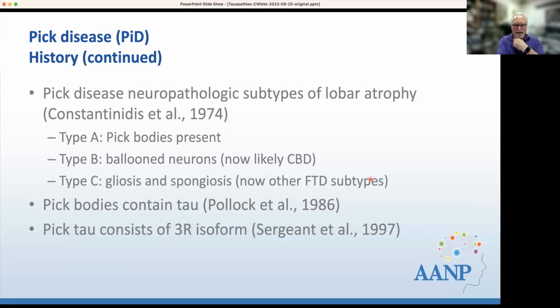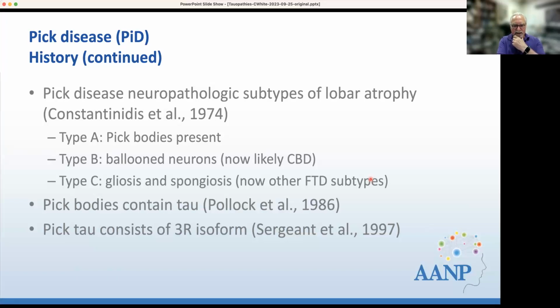And then there was type C, which was characterized by extreme gliosis and spongiosis in the neocortex, restricted mostly to the frontotemporal regions. And these probably represent now most other subtypes of FTD, such as those that are associated with TDP-43 proteinopathy. So this type ABC of Pick disease is not considered terribly useful in today's terminology, now that we have better ways of characterizing these entities by immunohistochemical techniques.